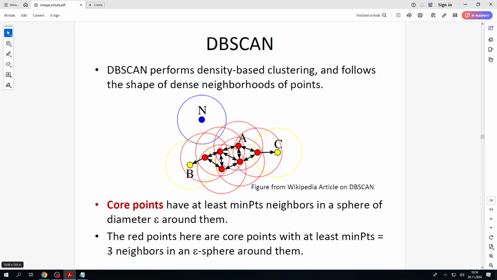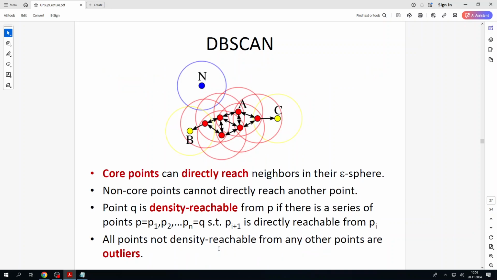So the minimum number of neighbors here was 3 actually, not 4, but nevertheless. Now, as I said, the core points have to be directly reachable within this sphere epsilon range, between all of the combinations.